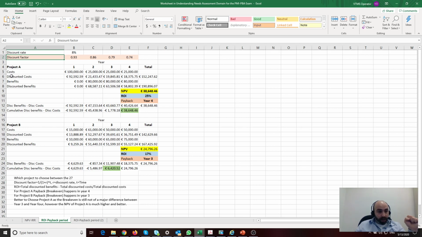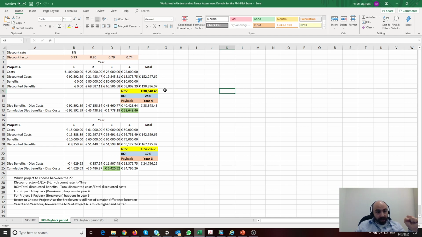But I should be calculating the discounted costs. That means I multiply this by that factor. How did we get them? I have all the givens, apply that formula, and we get the discount factor. Multiply this by the discount factor here, and we get that answer. We get them all here, and then we have the total summation.